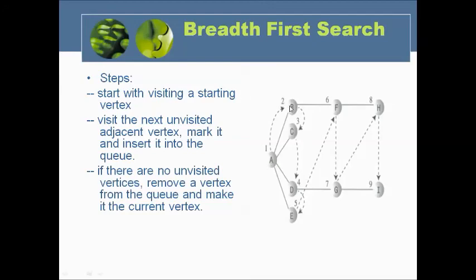So A to B, we mark it 1, and then B to C, C to D, D to E, E to F. Sorry, F to D, G, G to H, H, and then H to I. Okay, continue until you reach the end.